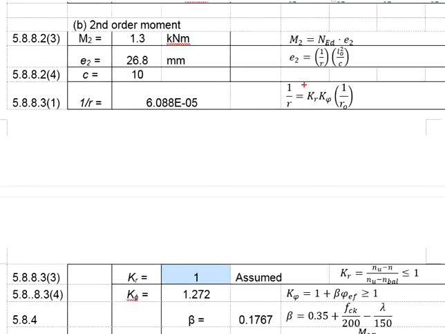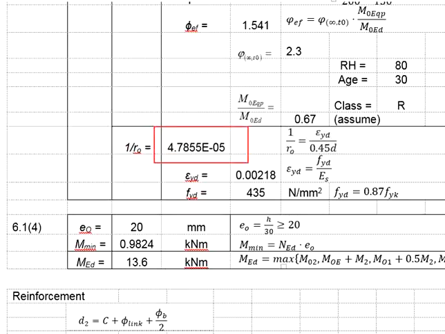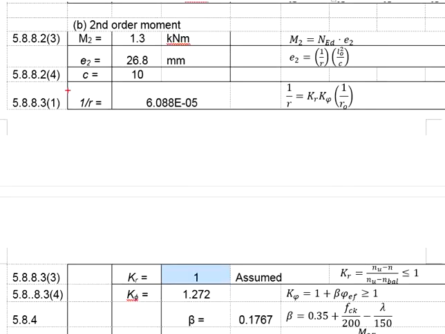Now that we have the Kr, which is assumed to be 1.0, K phi calculated, and also 1 per R naught calculated, that gives you the curvature 1 per R. Substitute it into the equations for E2.